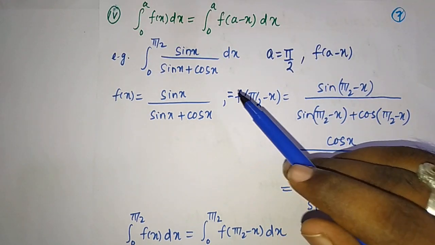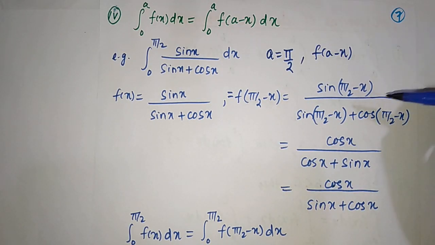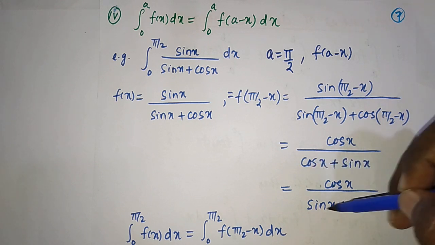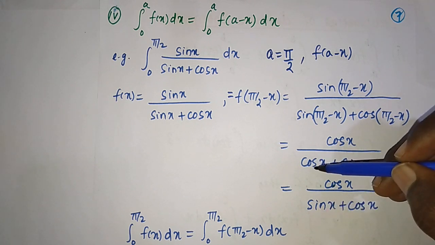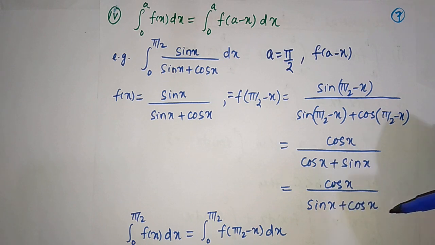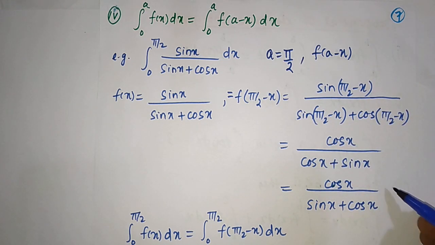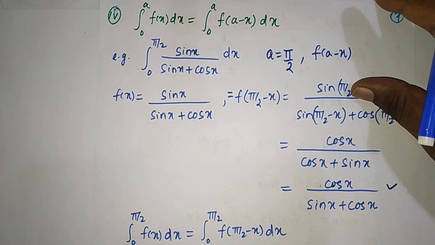Here cos x is there, so cos of pi by 2 minus x. And you know sin of pi by 2 minus x is cos x, and cos of pi by 2 minus x is sin x. Just arrange these two terms: cos x plus sin x, so write sin x plus cos x. So f of pi by 2 minus x is cos x by sin x plus cos x.